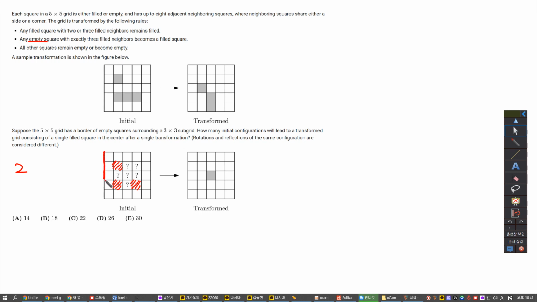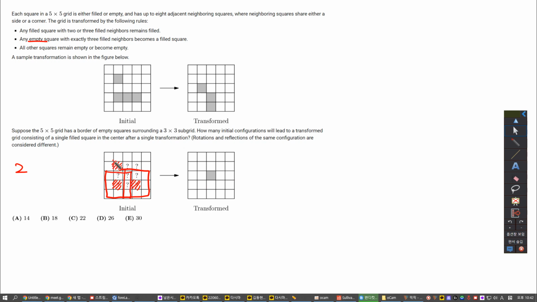So now if we look at this 3 by 3 grid, this filled center does not have any neighboring filled squares, so it will become empty. To remain filled, it should have 2 or 3 filled neighbors, but 0 neighbors makes this one empty. If we look at this grid, it will be empty after transformation, and this one will also make this empty.